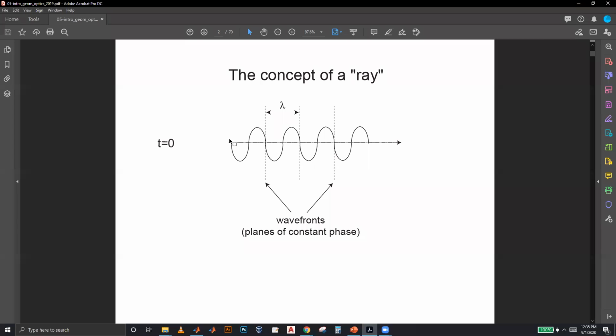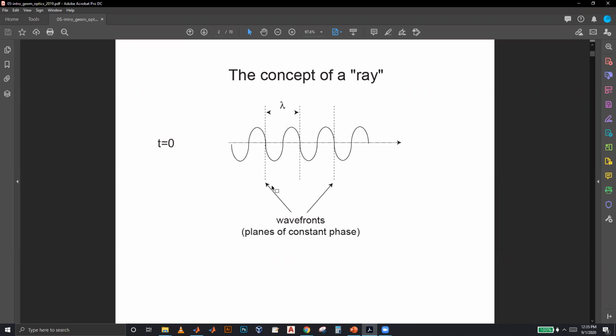So remember, if you have a wave traveling in space, it is basically a disturbance that is propagating. So I can draw out the disturbance in the form of a sinusoid. And then suppose this is at time equals 0. So the wavelength is defined as, suppose, from a peak to a peak or a trough to a trough. You're familiar with this.